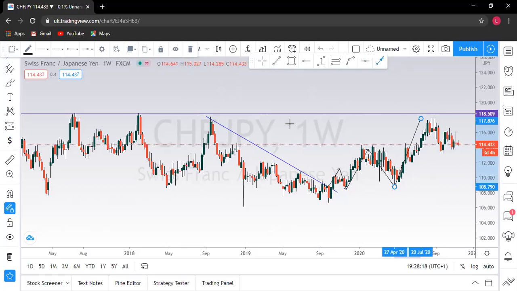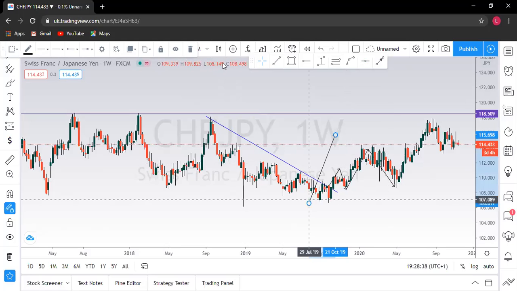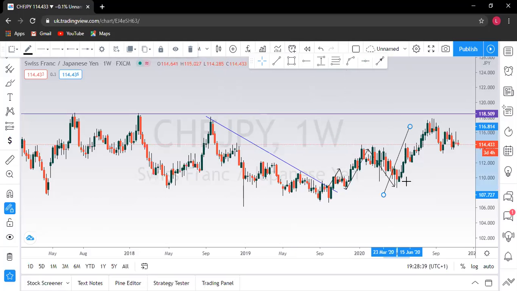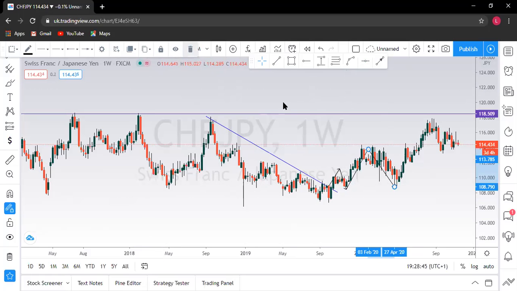So now we could say that based on the weekly time frame, we're on an upward trend, because this downward trend has been broken and retested. So from this schematics, we're on an upward trend, right?